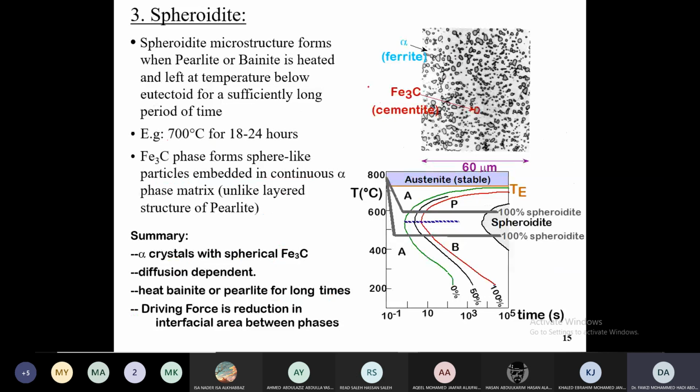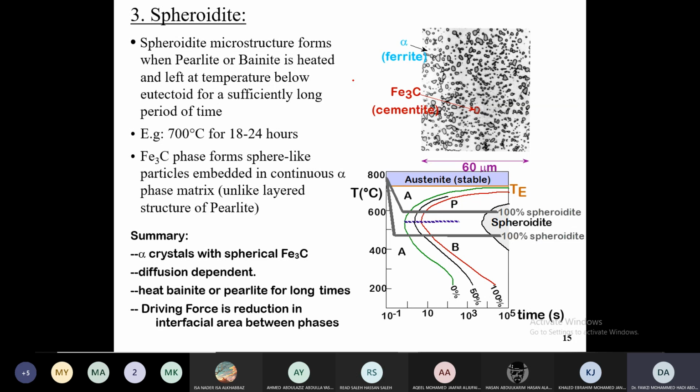Spheroidite goes from this lamellar configuration of pearlite to spheroidite by reducing energy, because the grain boundaries and the second phase boundaries are at a much higher level of energy. They are much more chemically reactive.